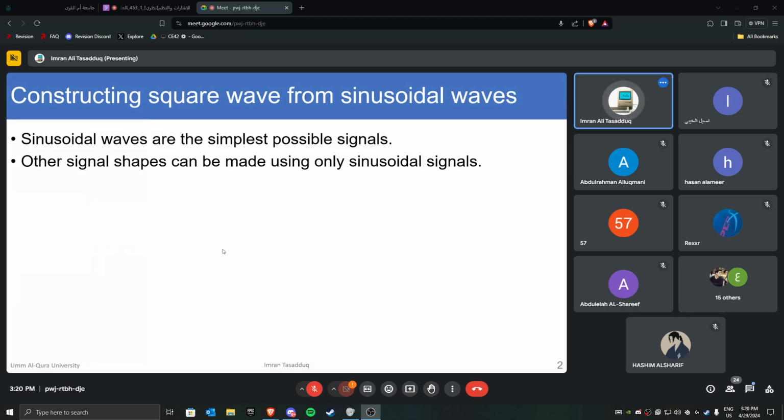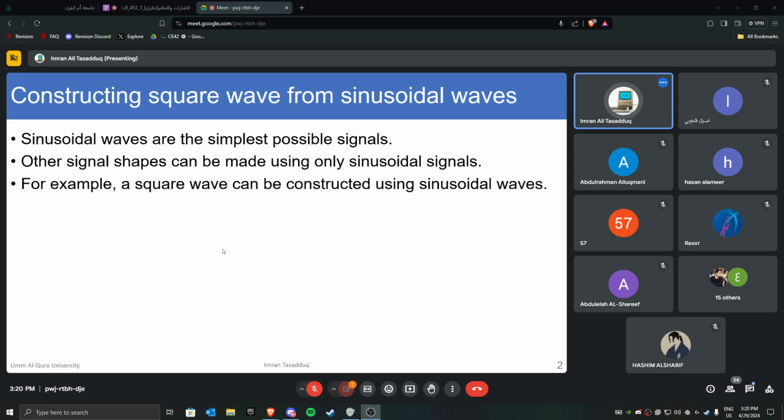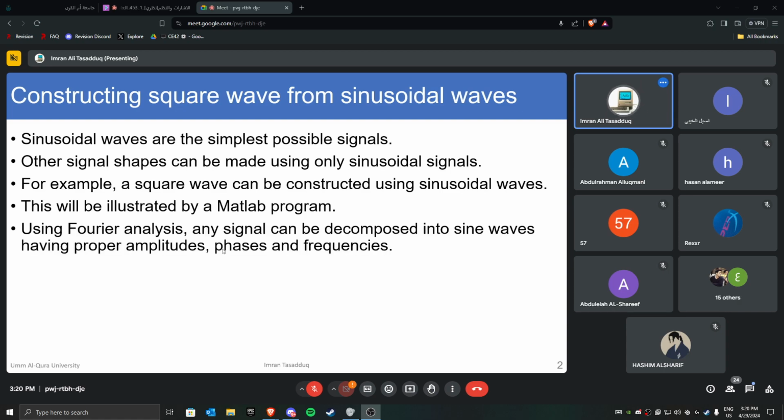If you add sine waves with an odd number of cycles, with certain amplitudes, you can make a square. This is what I just showed you. So using Fourier analysis, any signal can be decomposed into sine waves having proper amplitudes, phases, and frequencies.